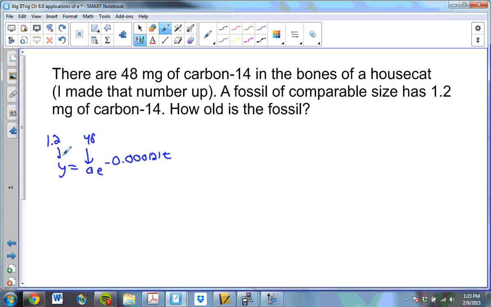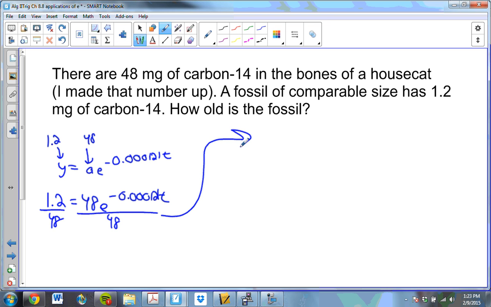It went way, way down. And so I can solve an equation for t. So first I'll divide both sides by 48, and I get that 1.2 over 48 is going to be 0.4, I think.